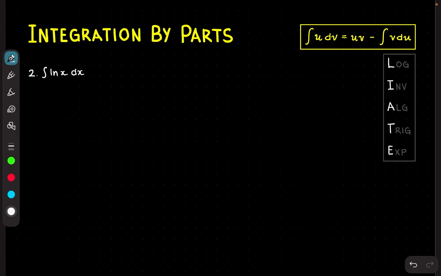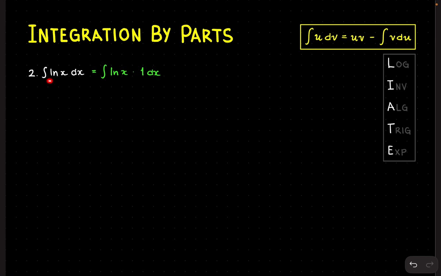Well, take note that the key here is to note that we can actually write this as ln of x times 1 dx. So technically you don't need to do that, but it highlights that if we don't have a product, we can make one by just adding times 1 out here.